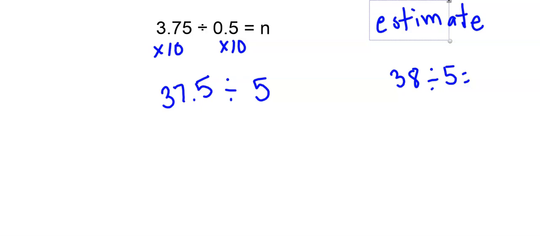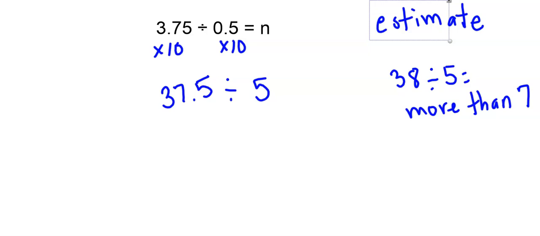Well, 35. 5 times 7 would be 35. So it's going to be a little over 7. So I'm going to say that it's more than 7.